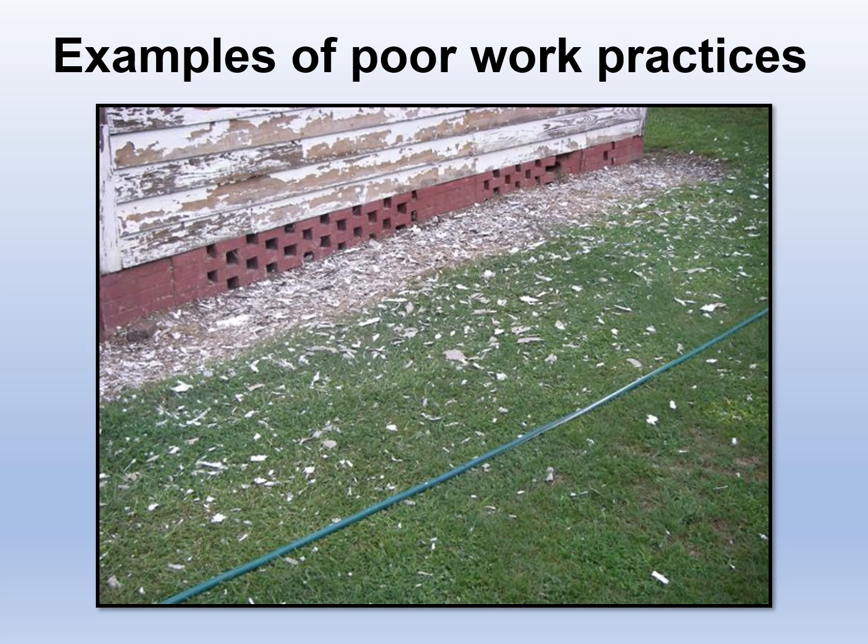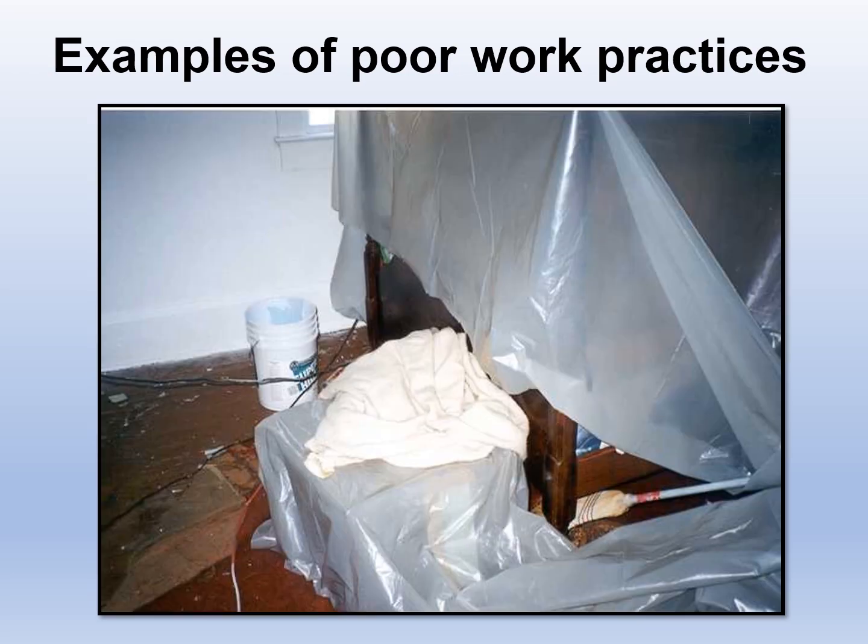We're talking about potential contamination of the soil that could affect houses, not just the house in question, but any surrounding houses that may be within a certain area as well. And this is a situation where you have poly that has not been taped and secured to the surfaces that it's covering.